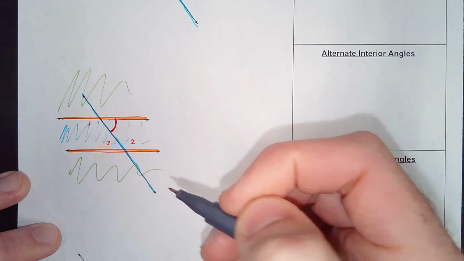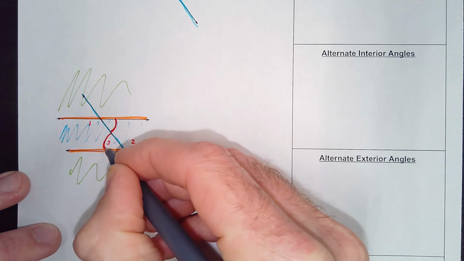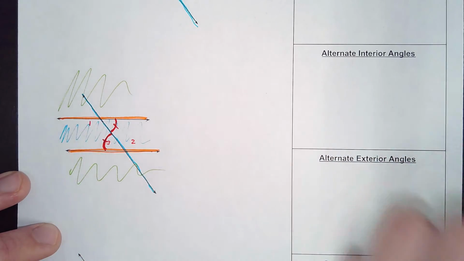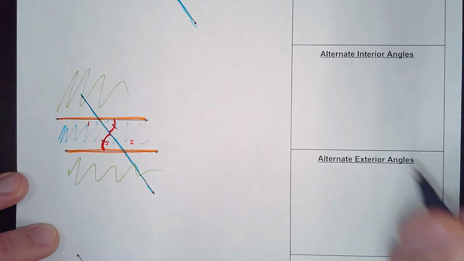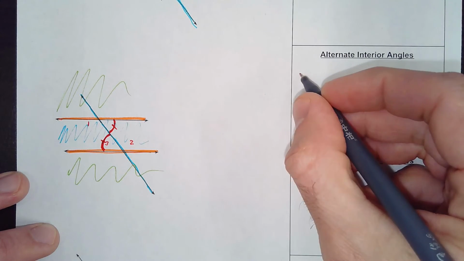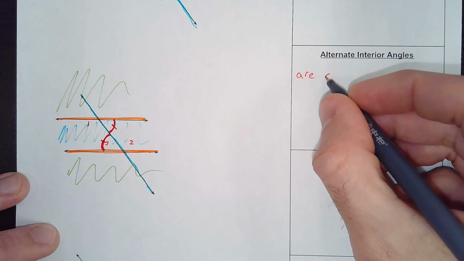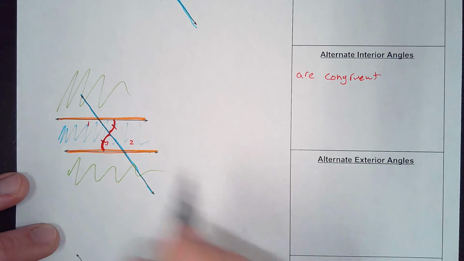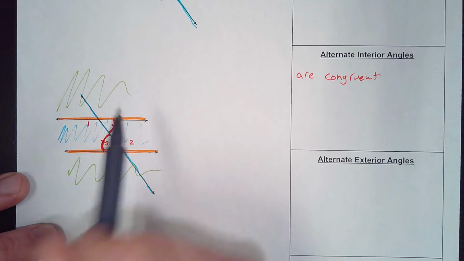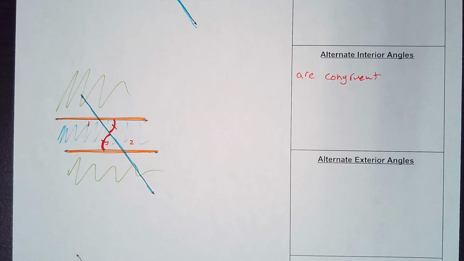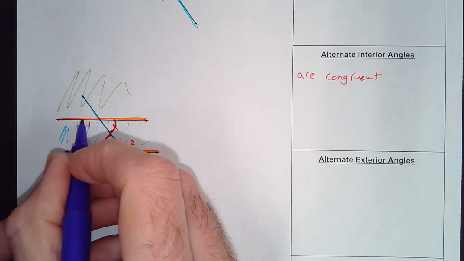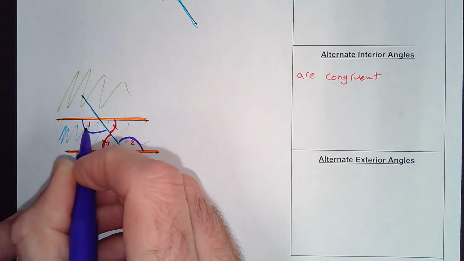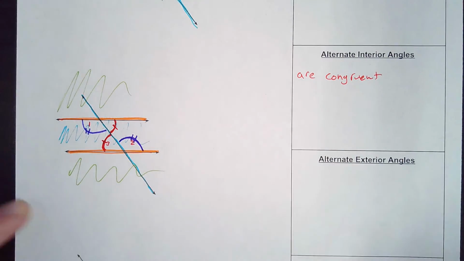So down here, this angle and this angle are congruent, or equal to each other. So alternate interior angles are congruent, which also means equal. And if those two are congruent, then these are also alternate interior angles, and these are congruent to each other.